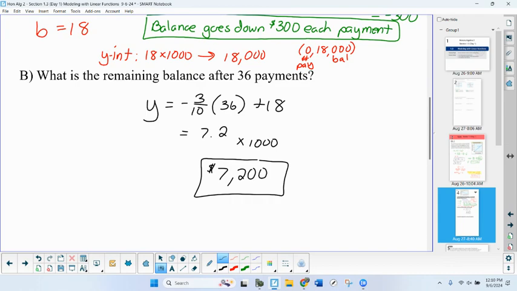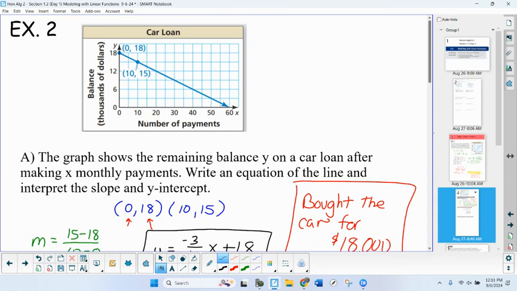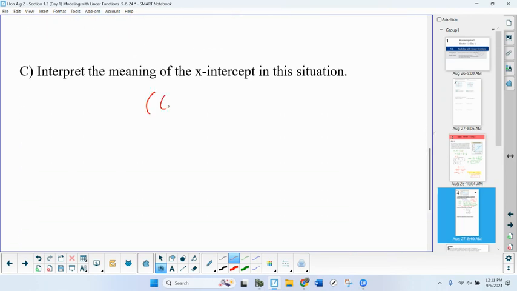What is the x-intercept and what is its meaning? So what's my x-intercept? If you look up here at the graph, where is it crossing the x-axis? 60. Okay, so that means (60, 0).